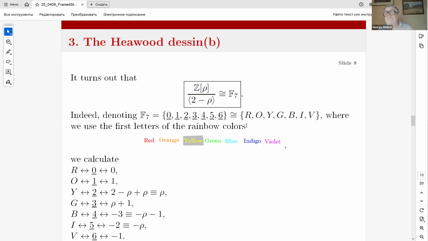So we choose the appropriate names for them, and they are just the names of the colors.